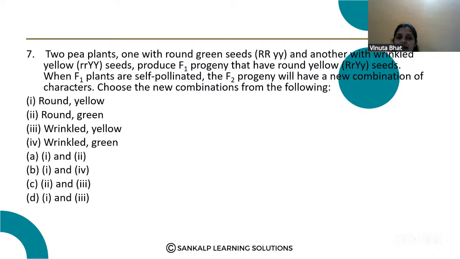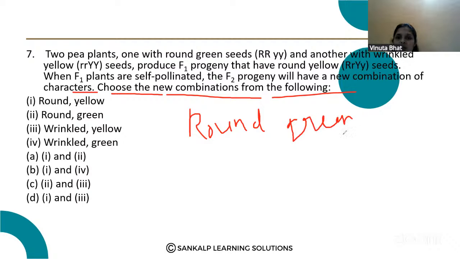So, choose the new combination from the following. Here, round green seed is not a new combination, that is already present in the parental generation, right?